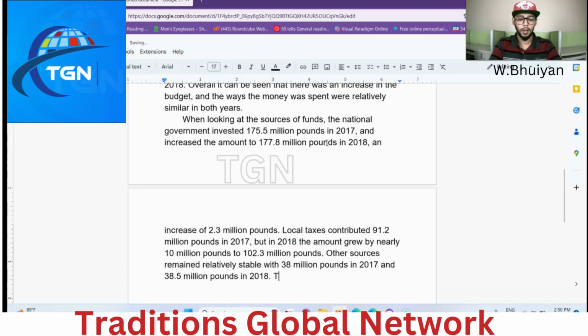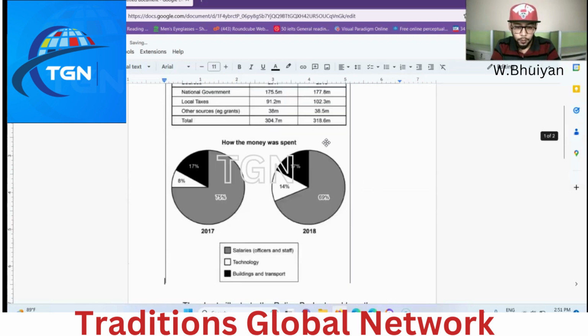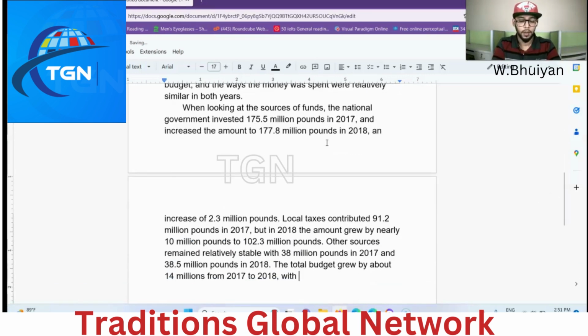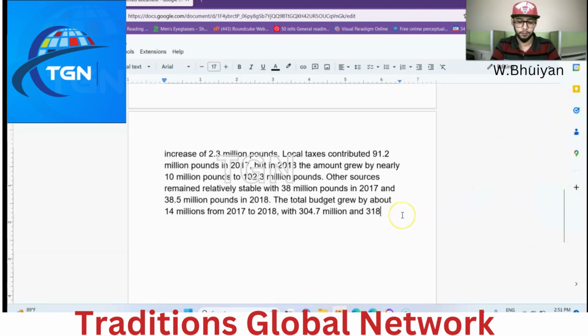So the total budget grew by about 14 million pounds from 2017 to 2018, with 304.7 and 318.6 million pounds respectively. Each year, respectively.